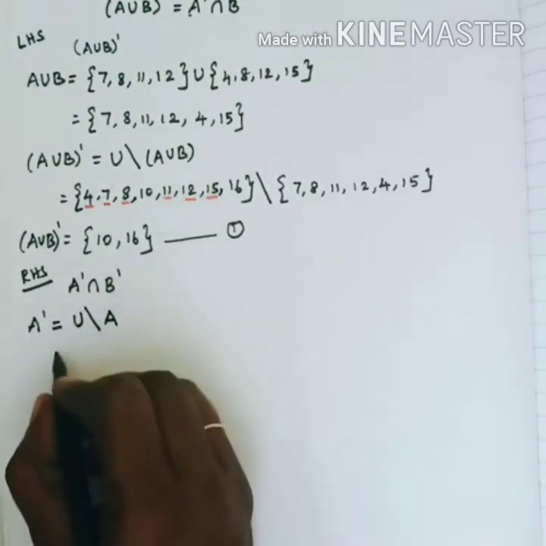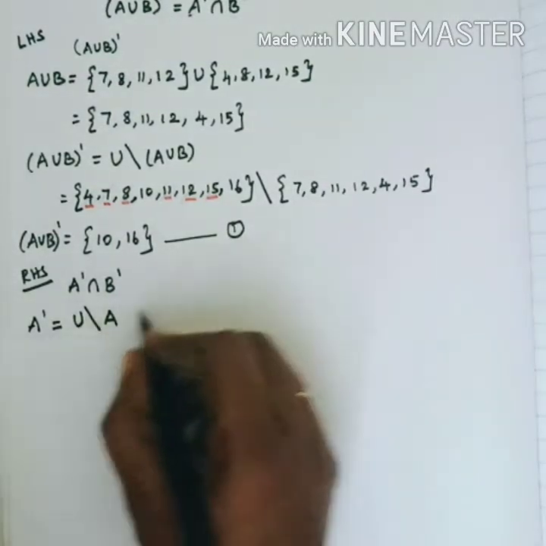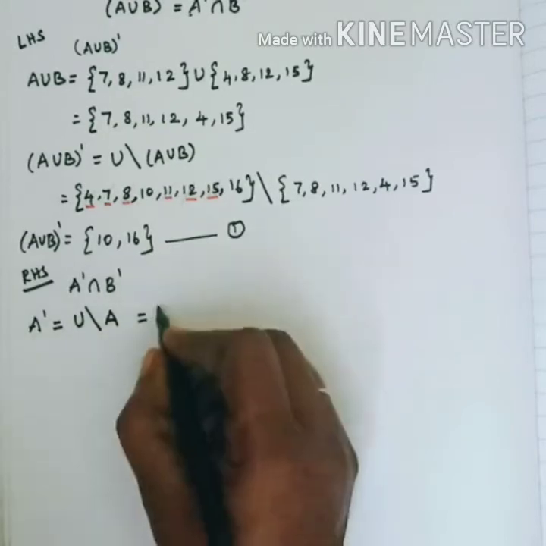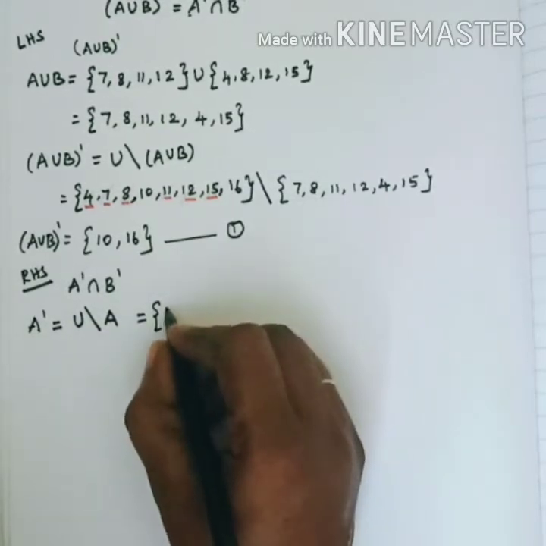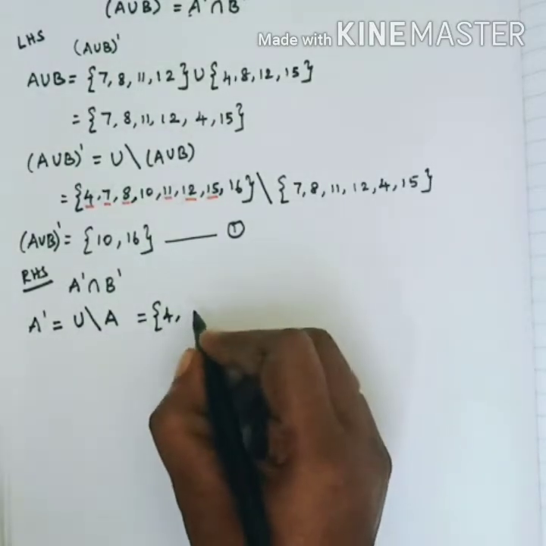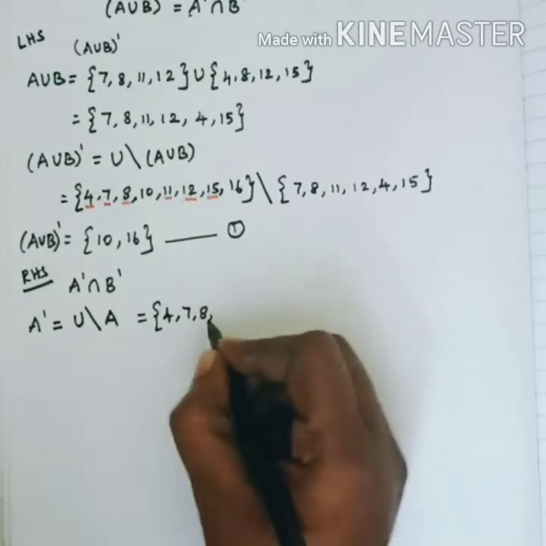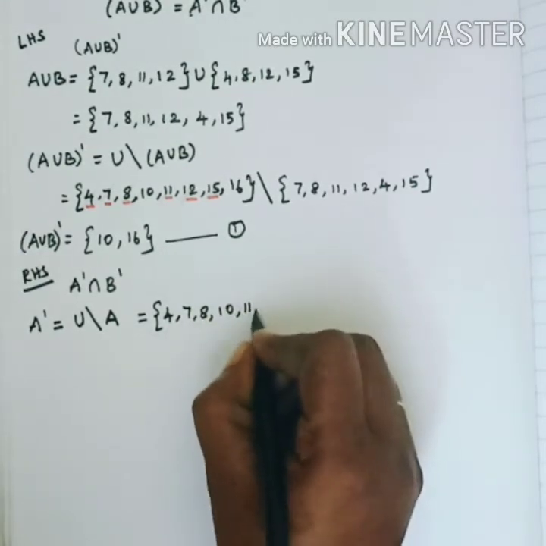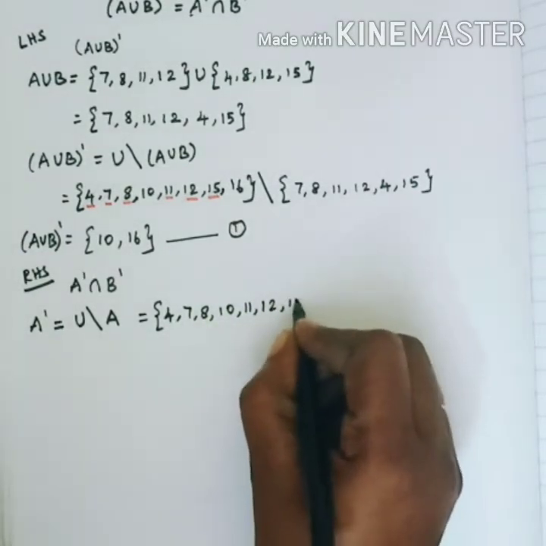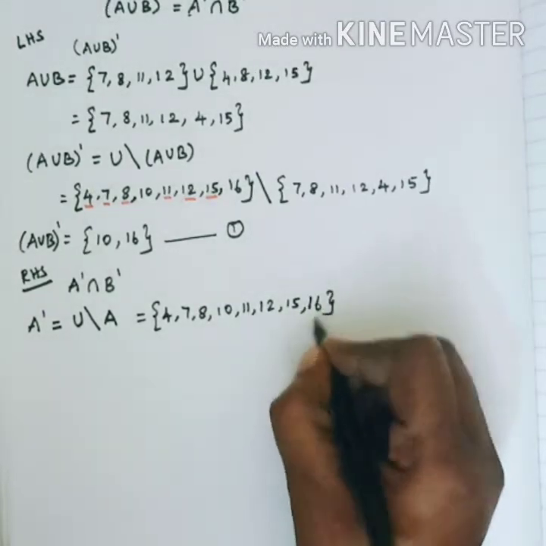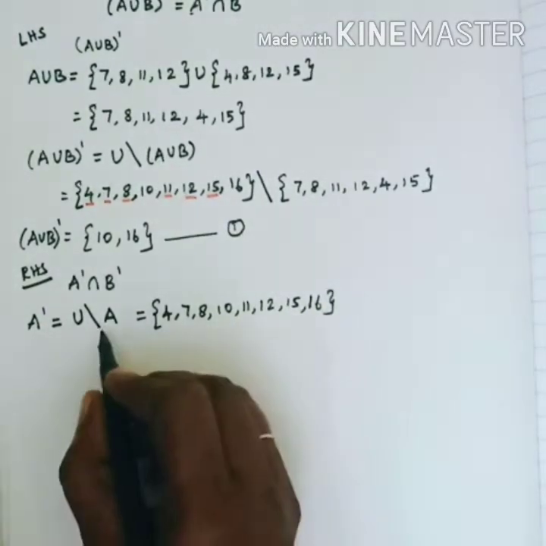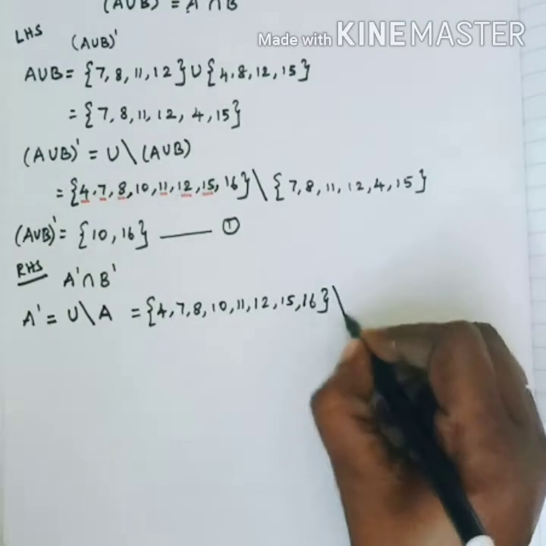So now U, what is your universal set? The universal set is given in the sum: 4, 7, 8, 10, 11, 12, 15, 16. This is your universal set. And then put the slash symbol here.